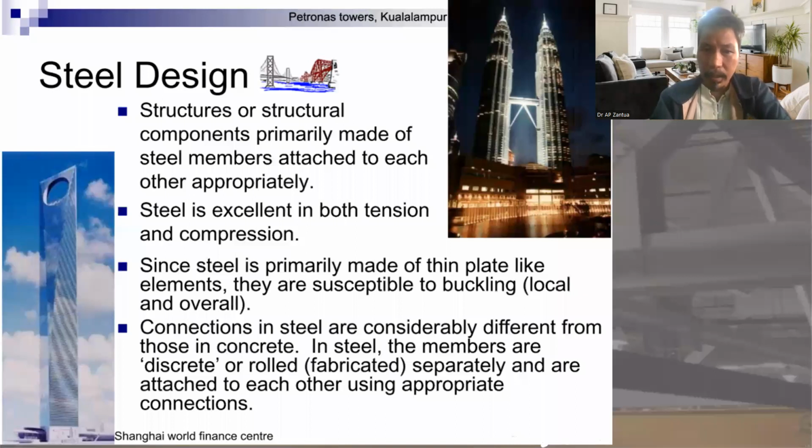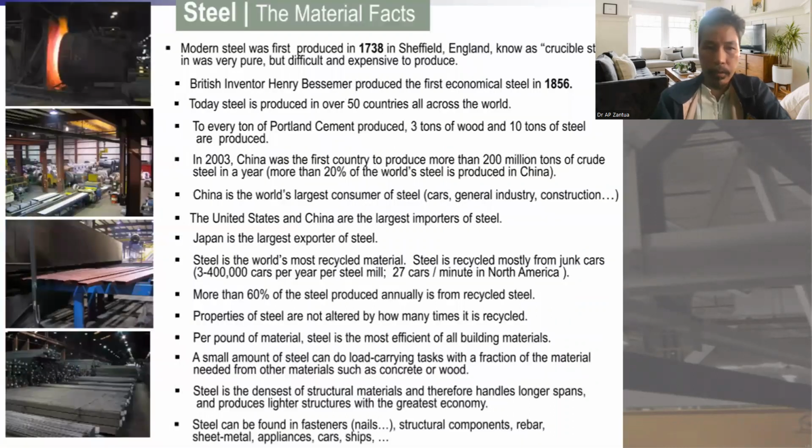Since steel is primarily made in thin plate-like elements, they are susceptible to buckling. We have also an example of those, both local and overall buckling. Connections in steel are considerably different from those in concrete. In steel, the members are discrete, or rolled, meaning fabricated separately and are attached to each other using appropriate connections.